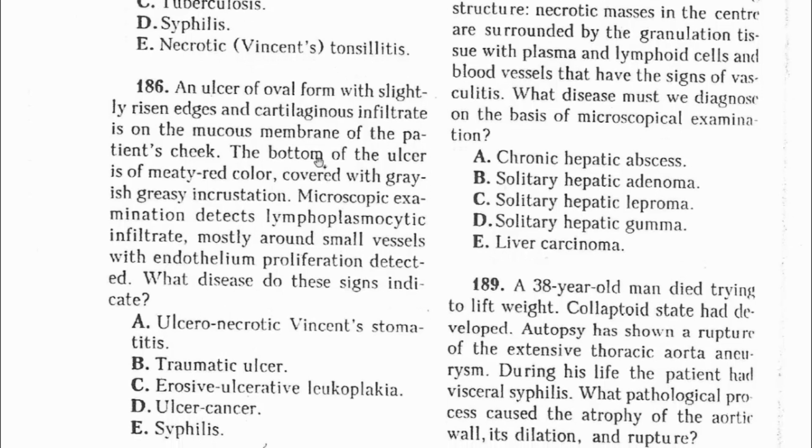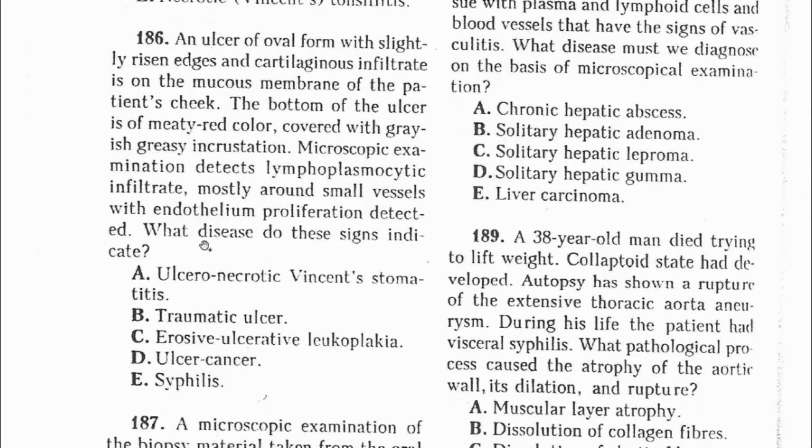86. An ulcer of oval form with slightly raising edges and cartilaginous infiltrate is on the mucous membrane of the patient's cheek. The bottom of the ulcer is of milky red color, covered with greenish, greasy incrustation.